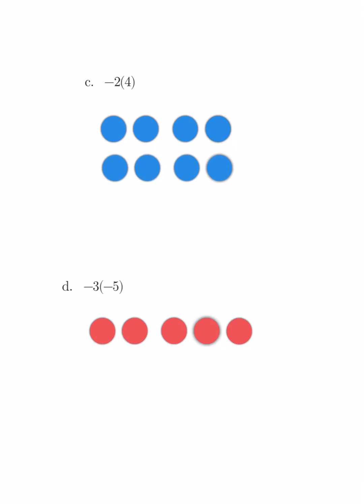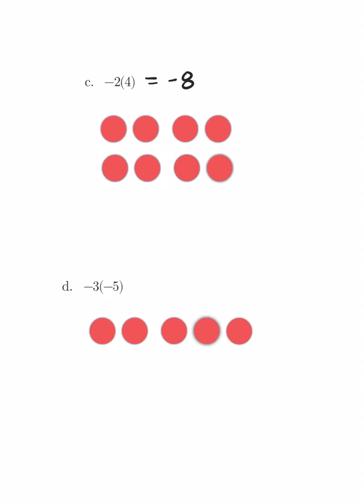Now we want to take care of the negative on the outside, and we're going to turn all of these red. So we end up with 8 reds, or negative 8.